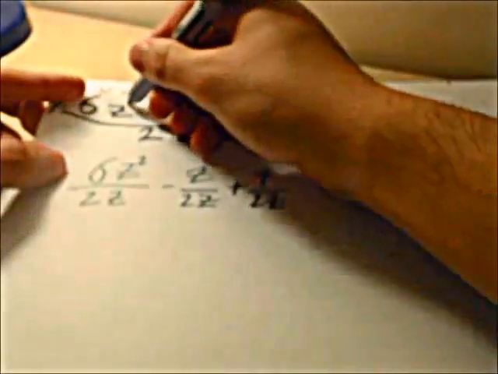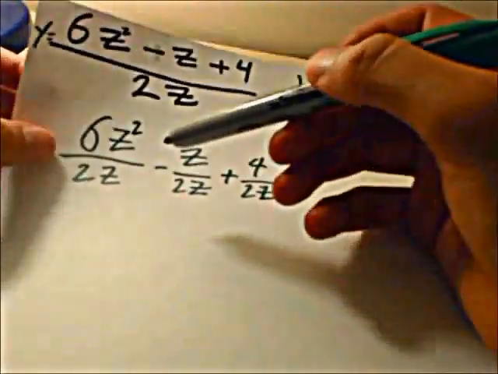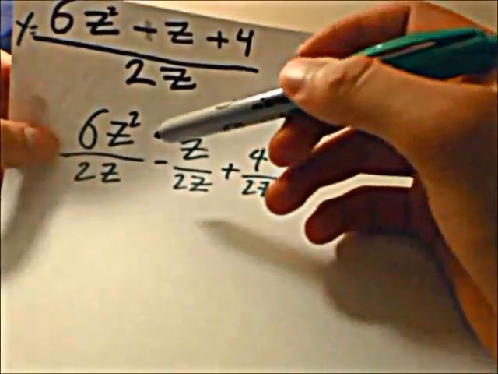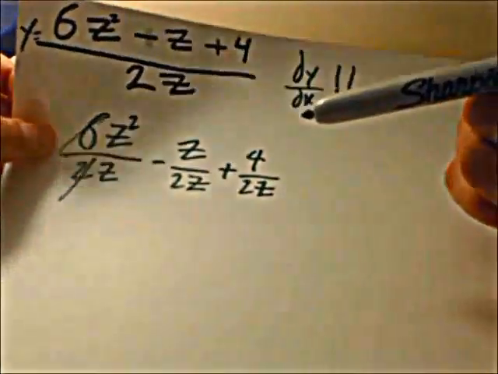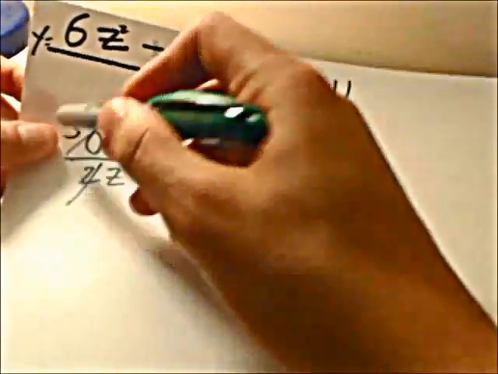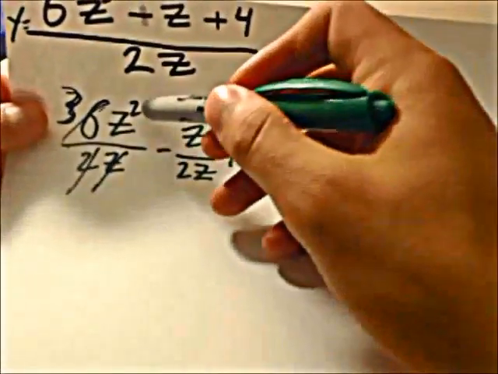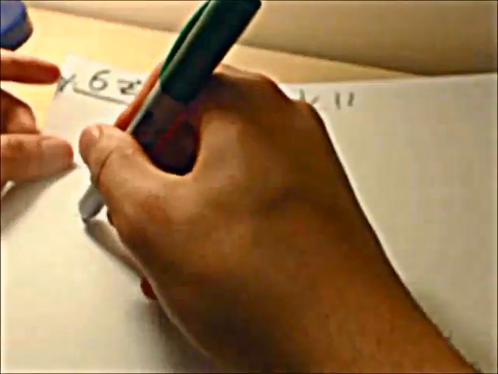I apologize for this. So we simplify each fraction first, and then we take the derivative. For the first one, we can simplify 6 with 2, so that would be 3, and we get rid of 2. The z goes with the z squared, so we're left with 3z here.